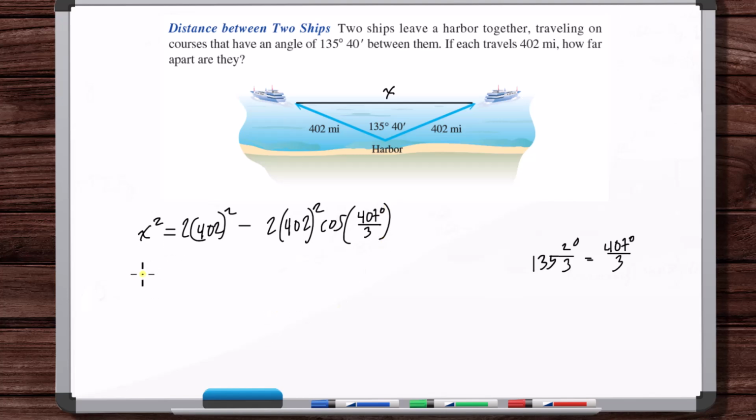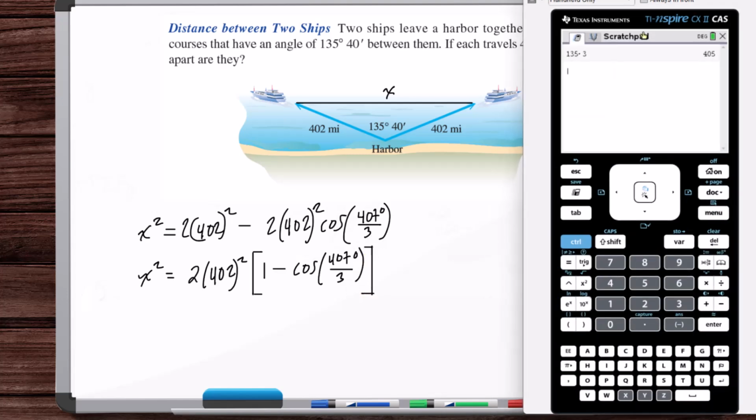Okay, so now let's just solve for x. This is a nice case where we can factor out this 2 times 402 squared, and we're left with 1 minus cosine of the angle, times 402 squared times 2 is this.